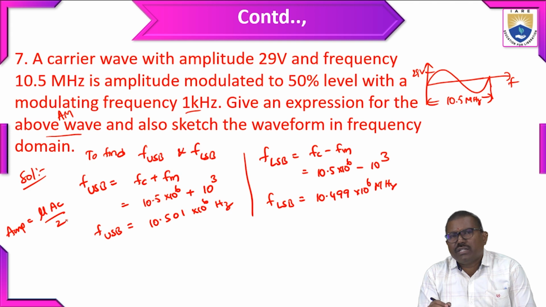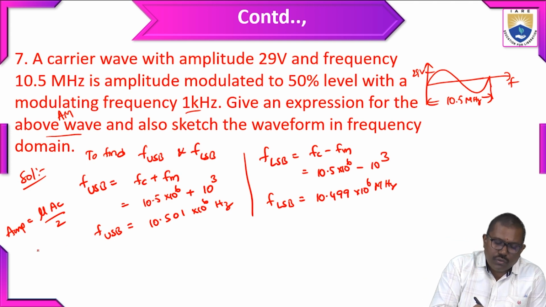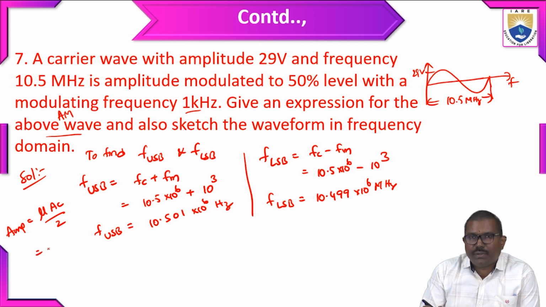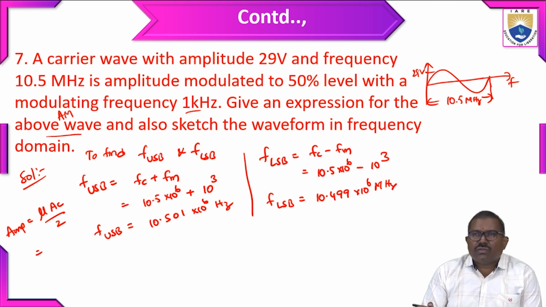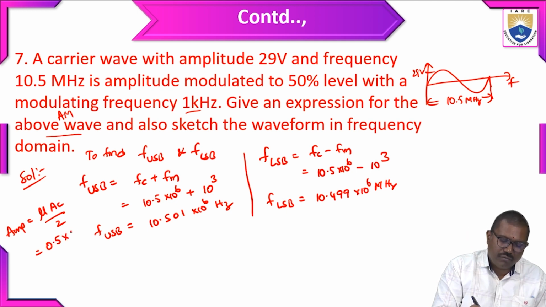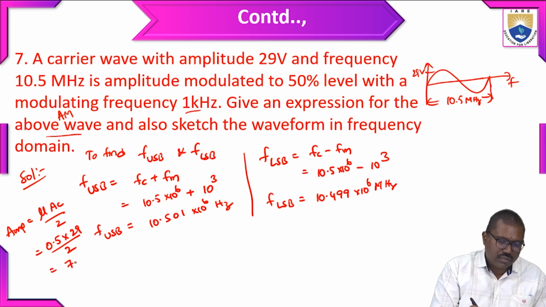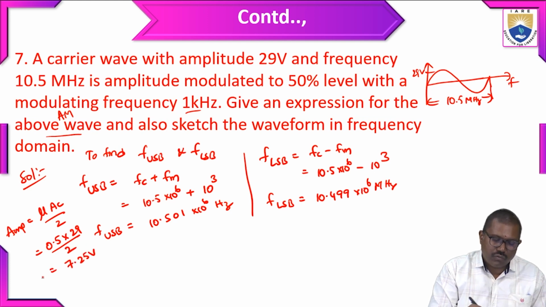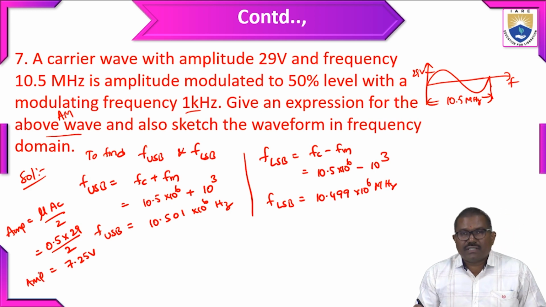We know that mu is 0.5 and Ac is 29. So 0.5 into 29 divided by 2, so you get 7.25 volts. This is the amplitude of the sidebands.